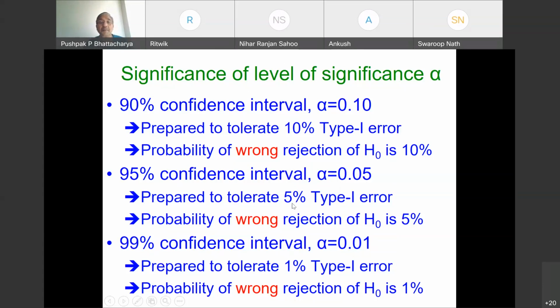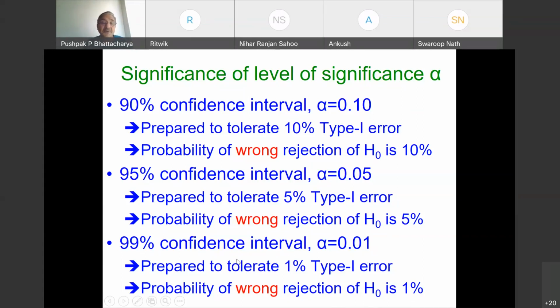We are prepared to tolerate only 5% type 1 error, and if I reject H naught, the probability of that being wrong should be only 5%. For a 99% confidence interval, the level of significance is 1% or 0.01. We are prepared to tolerate 1% type 1 error. The probability of wrong rejection of H naught is 1%.